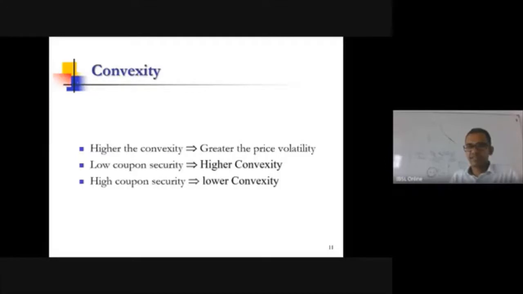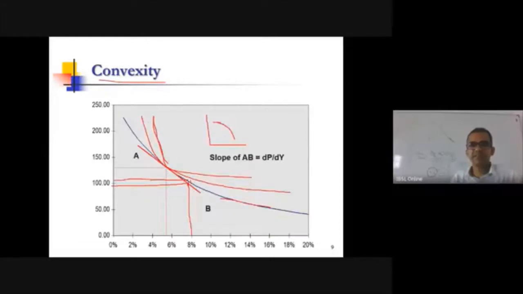Okay, convexity. What does it reflect? If the convexity is high, what does it mean? Greater price volatility. I said the convexity of this graph is higher than this blue graph. If I put 1, 2, 3, the convexity of curve 1 is less than the convexity of 2, which is less than the convexity of 3.